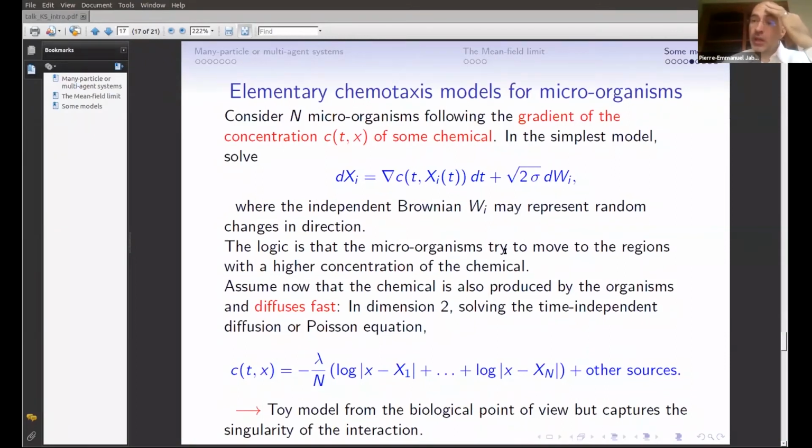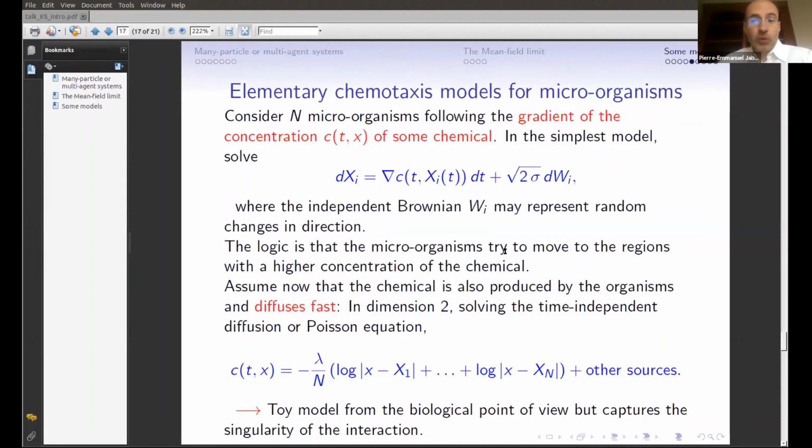We can do a very elementary basic model for chemotaxis in the following manner. Let's just consider one chemical and denote by C its concentration. And then the simplest way of doing this is to say that the dynamics of one bacterium, again, we are going to neglect its size, so I'm just looking at its center.